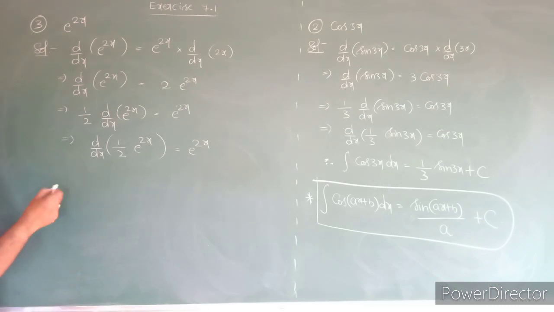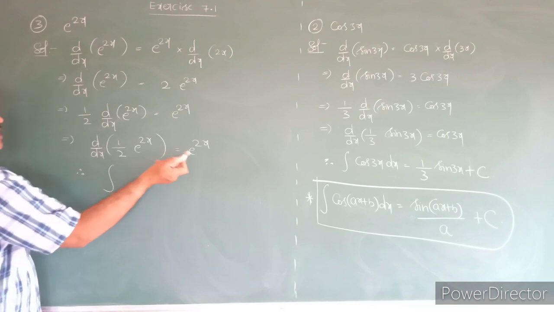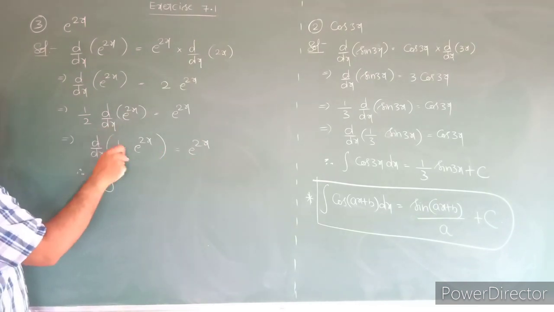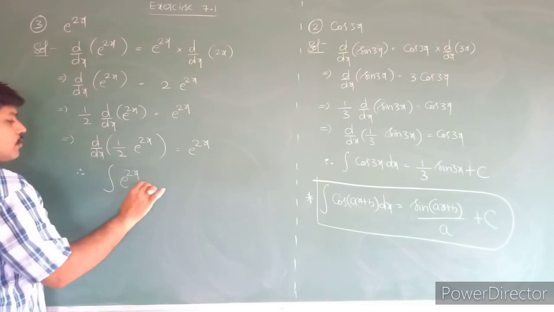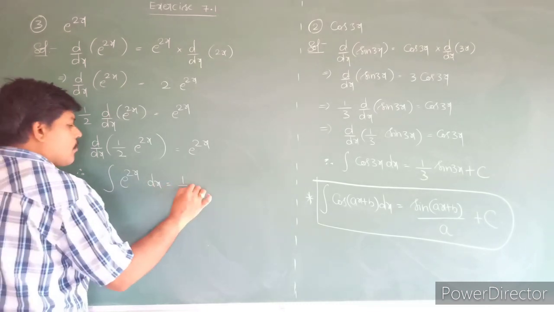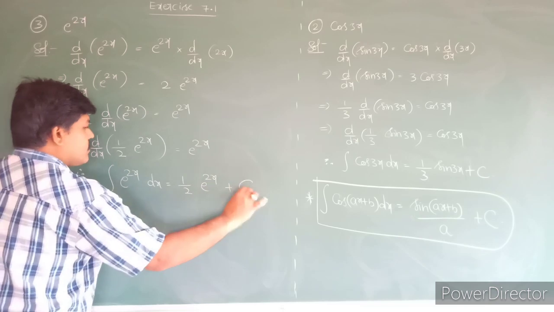Therefore, the derivative of this function is e power 2x. Integral of e power 2x is the original function, 1 by 2 into e power 2x. So the integral of e power 2x into dx is equal to 1 by 2 into e power 2x plus c.